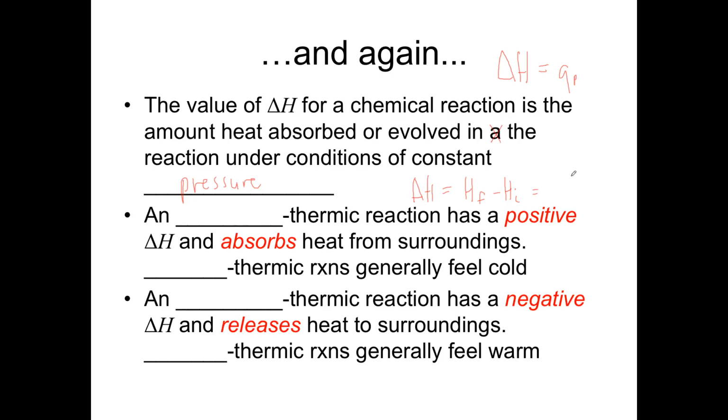So if this is greater than 0, it's positive, that means it has more enthalpy in the end. It means it absorbs. So this is an endothermic reaction, because the final has more heat than the beginning, and it absorbs heat from the surroundings.